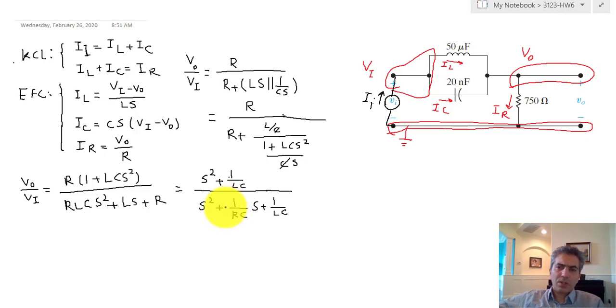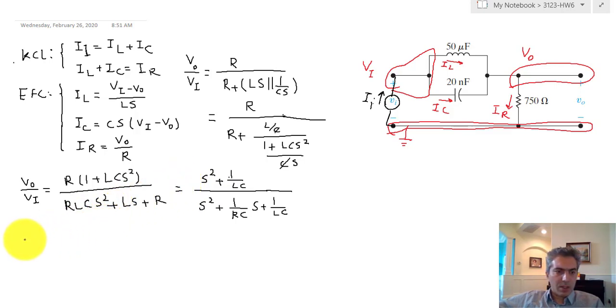Now, in order to understand what kind of filter we have, as we discussed before, we're going to have to try the two ends of the frequencies, evaluating H(s) by replacing S by jω.